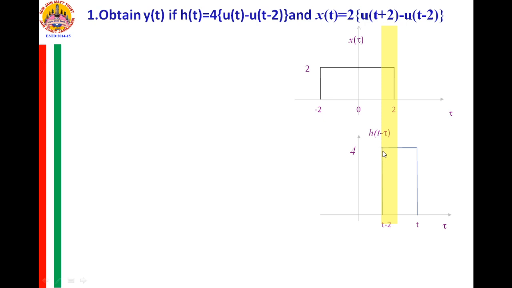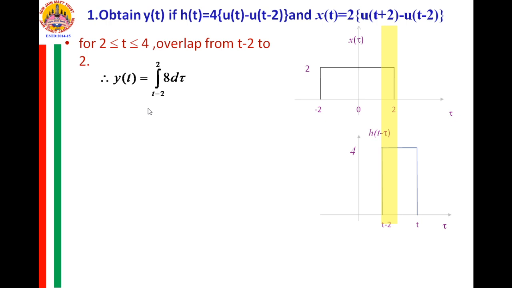So if we go on shifting a little bit to the right side, observe that the overlapping is always there from this end of h of t minus tau up to this end of x of tau, that is t minus 2 to 2. So we write this integration from t minus 2 to 2, and this amplitude is still the same, that is 8, only limits are changed. So 8 into tau from t minus 2 to 2, upper limit is 2, lower limit is t minus 2. So this is equal to 8 into 4 minus t.